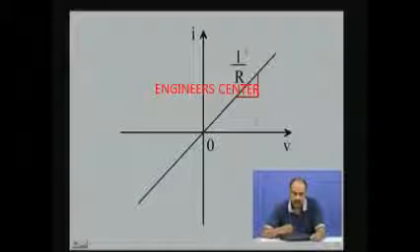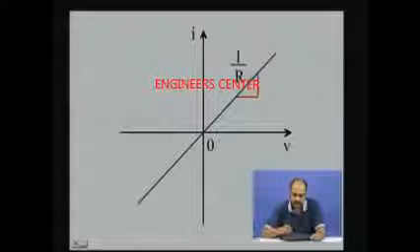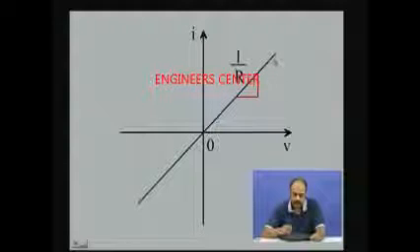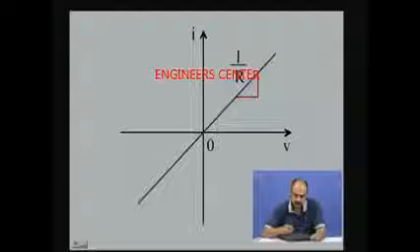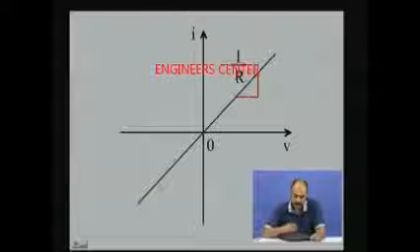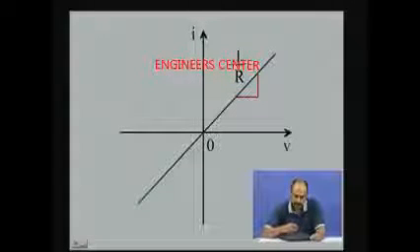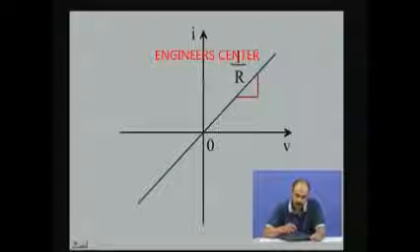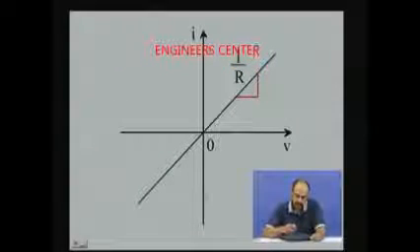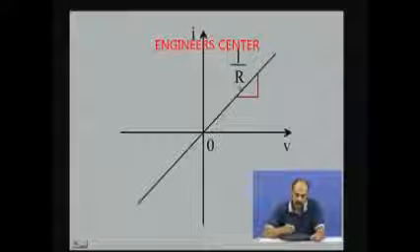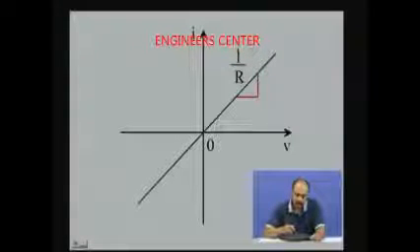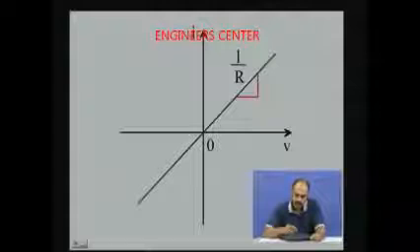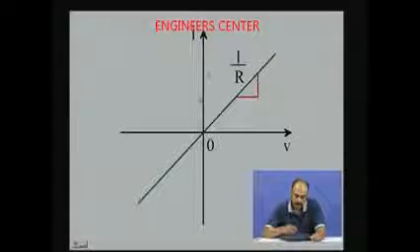So, this is how the resistance is described. If you see in this graph, if the line representing the resistor is aligned along the vertical axis, that is the y axis, then the slope is infinite, which means that R is 0, and this would represent a short circuit.